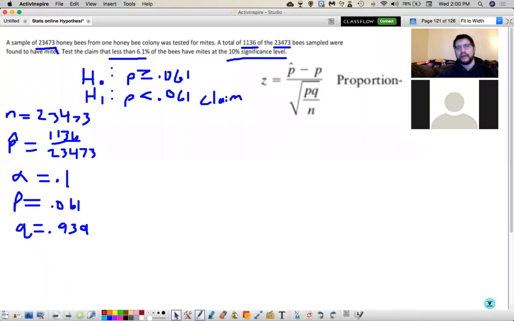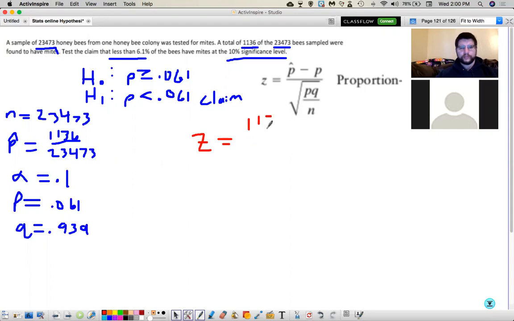So again, P tests use Z scores. It's a Z score for the test statistic, it's a Z score for the critical values. So we can calculate this test statistic.